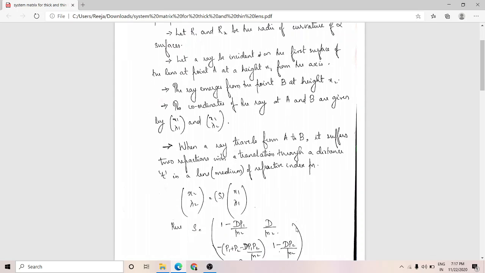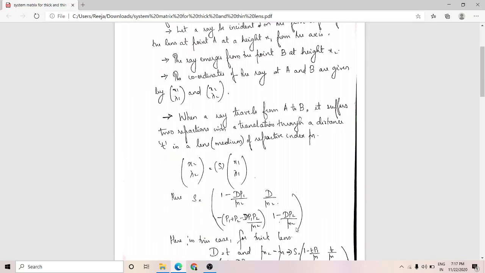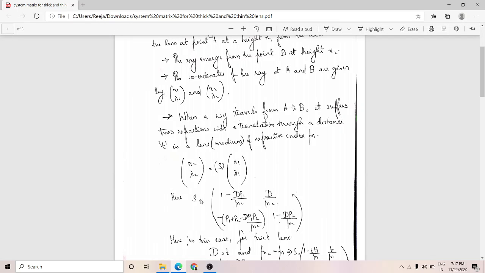So we have already calculated the system matrix for a ray which undergoes first a refraction, then a translation, and then a refraction. And the system matrix is given by 1 minus D P1 by mu 2, then D by mu 2, minus of P1 plus P2 minus D P1 P2 by mu 2, and 1 minus D P2 by mu 2.